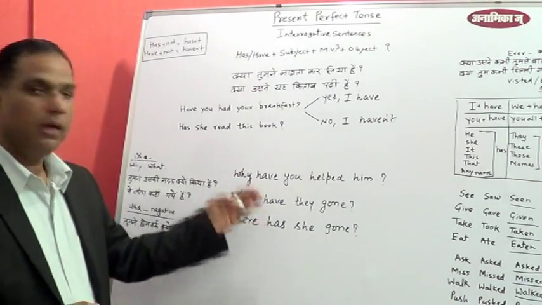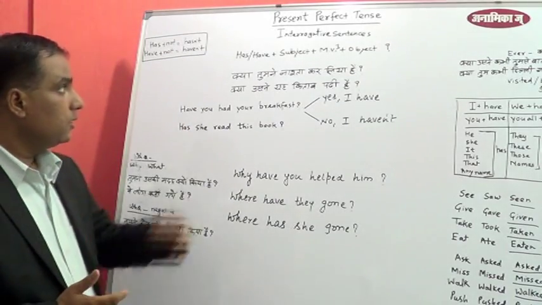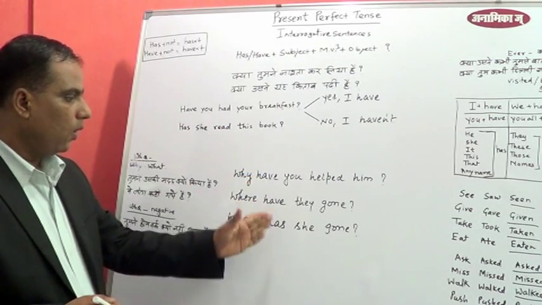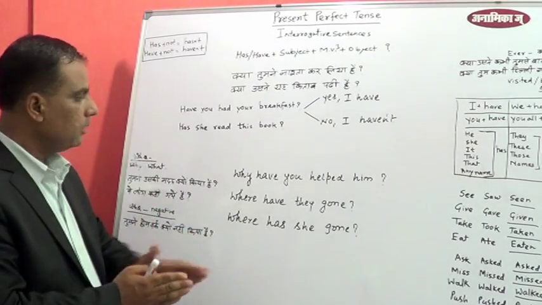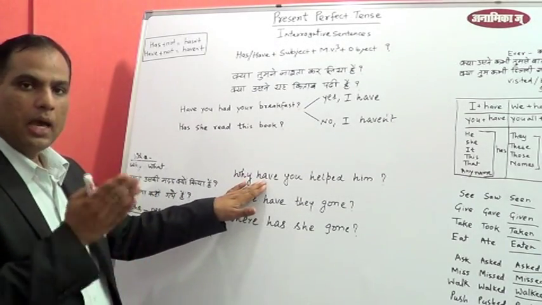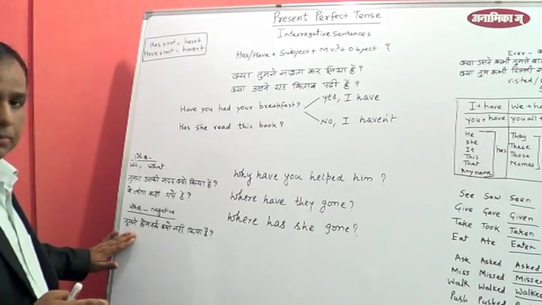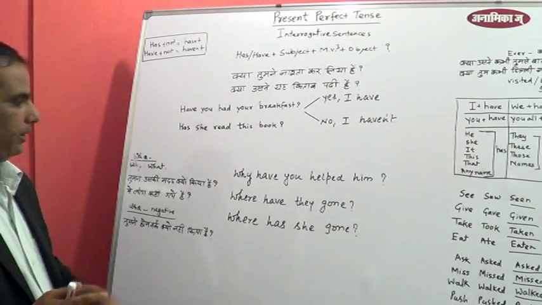Now in this, if you want to ask any negative question, it's very similar to what we had seen earlier. After have or has, you need to add not, combine them, and they become haven't or hasn't. Let's take an example. तुमने homework क्यों नहीं किया है?